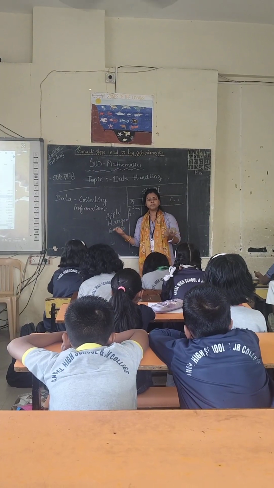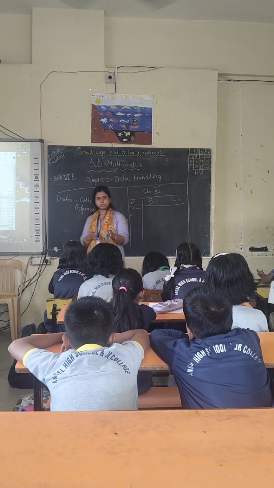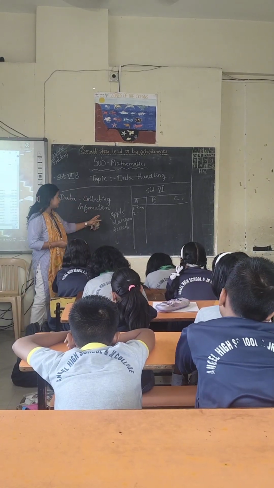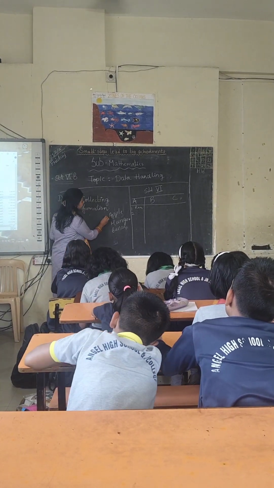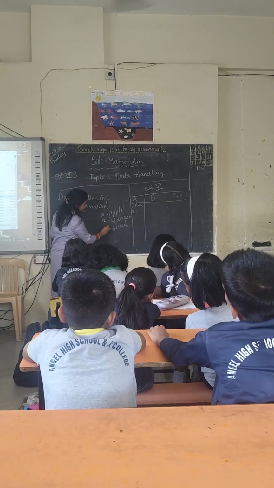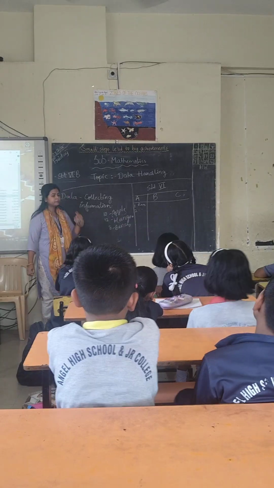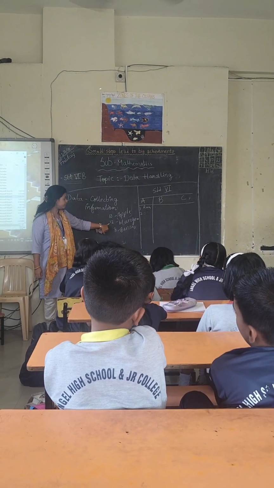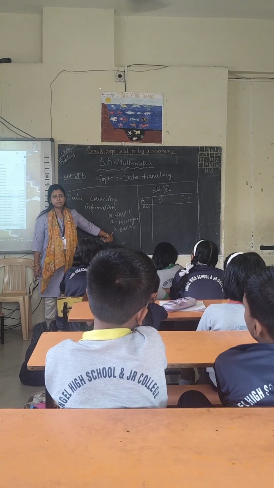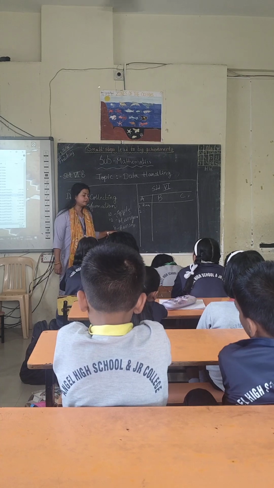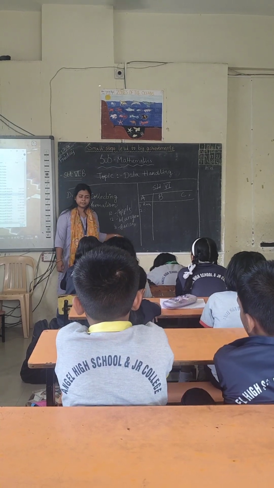And what will you say? You will segregate the fruits, right? You will segregate the fruits and count how many apples you found. Like this, you need to segregate and you need to collect the information, collect the data.